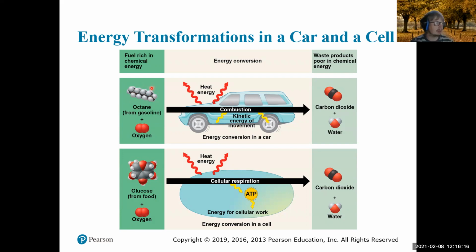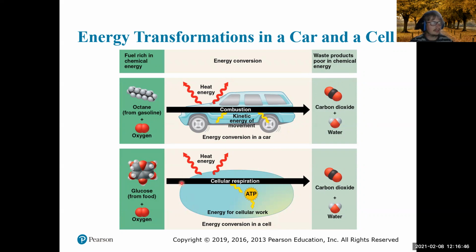So for example, you have octane, which comes from gasoline. It combines with oxygen, undergoes a combustion process, which releases energy that is heat, and is also kinetic energy of movement that is used to move that car.